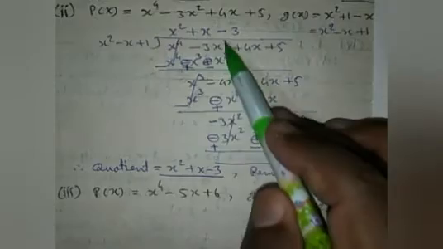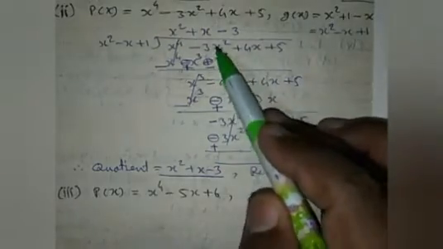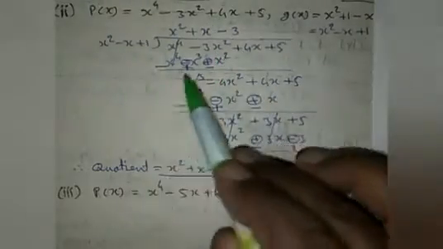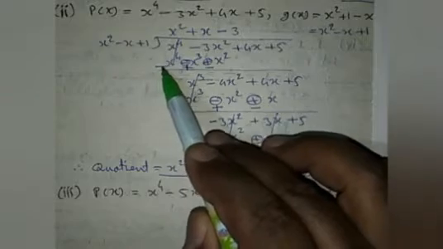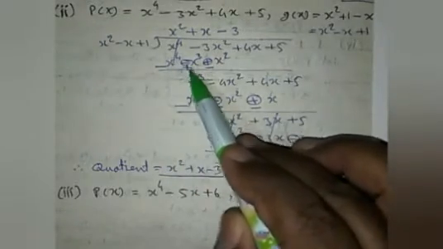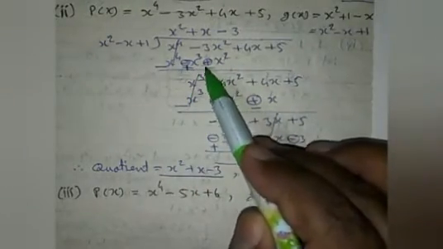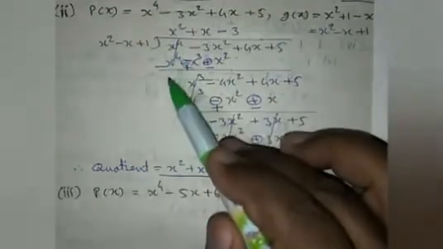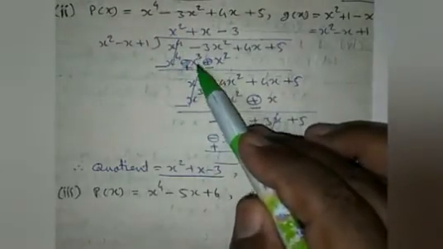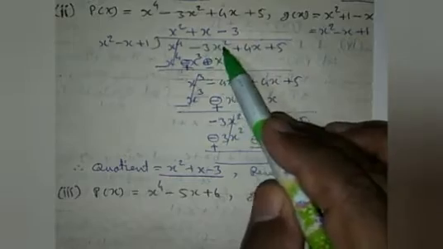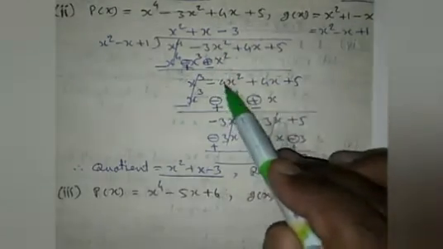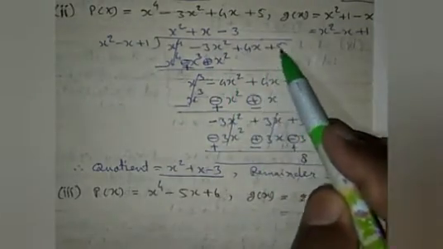Here is the like term of x square, so write it below. On subtraction, the signs will be changed: minus x square becomes plus, and plus becomes minus. So the first term is cancelled out and the second term is x cube, then minus 3x square and minus x square will be minus 4x square, and 4x plus 5 is as it is.